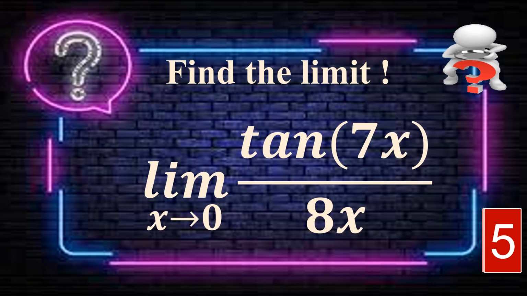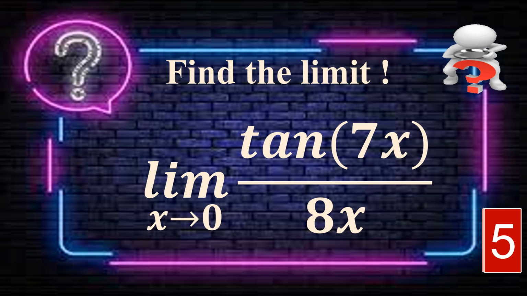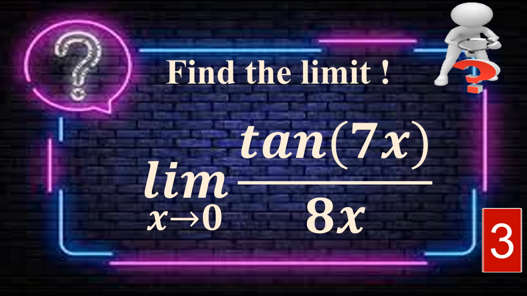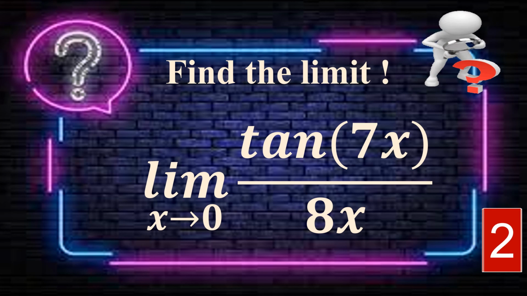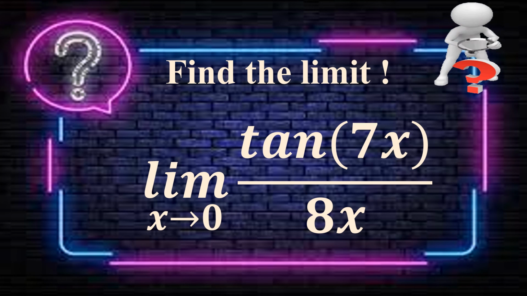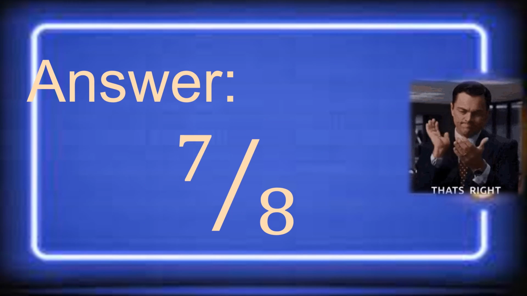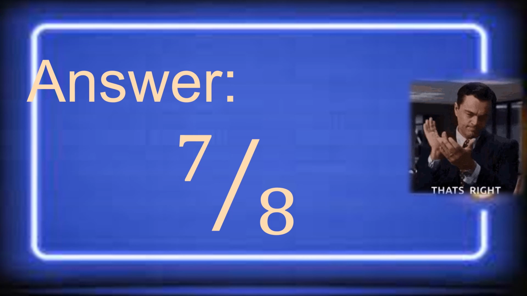Find the limit. Limit tan 7x over 8x as x approaches 0 is what? That's right, it is equal to 7 over 8.